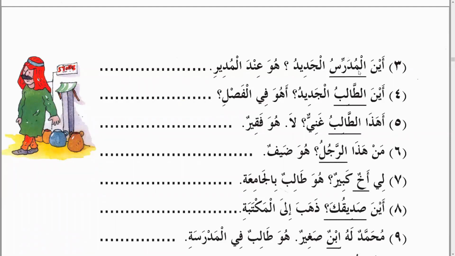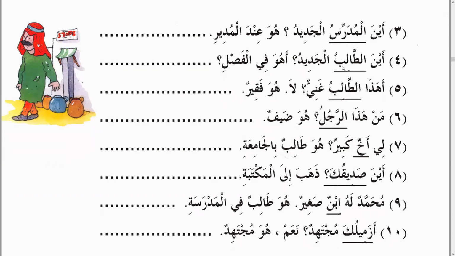So we'll say Aina al-Mudarrisuna al-Jududu. Instead of saying Huwa, we'll say Hum. And this remains the same. Hum inda al-mudiri. They are with the principal. The new teachers are with the principal.